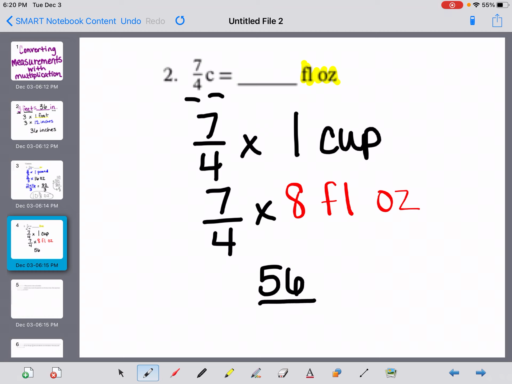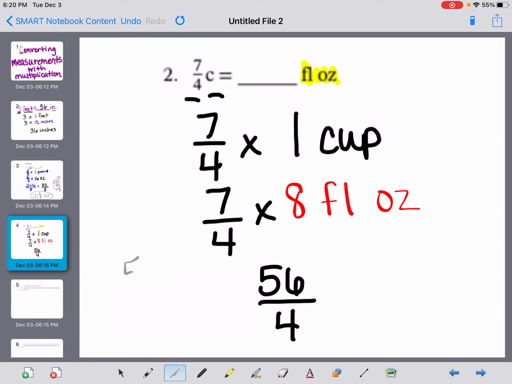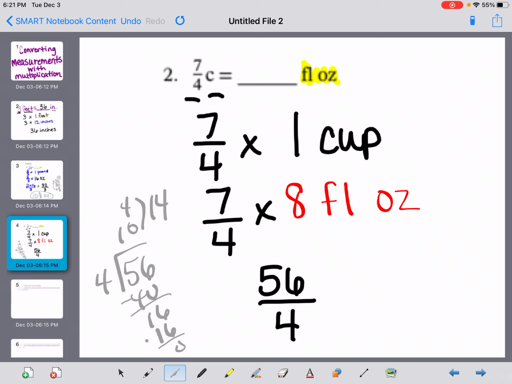I still have 4 in my denominator. I know that I need to divide this: 56 divided by 4. Some of us may know that. Some of us may need to come to the side and do a division problem. I know I can make 10 groups, which gives me 40. Now that I have 16 left, I know that 4 times 4 is 16. So I see that my answer is 14.